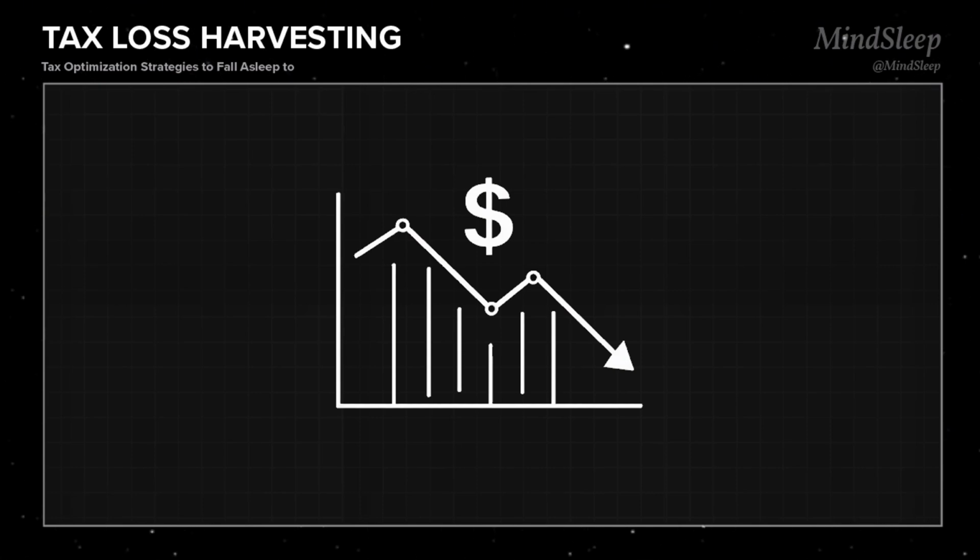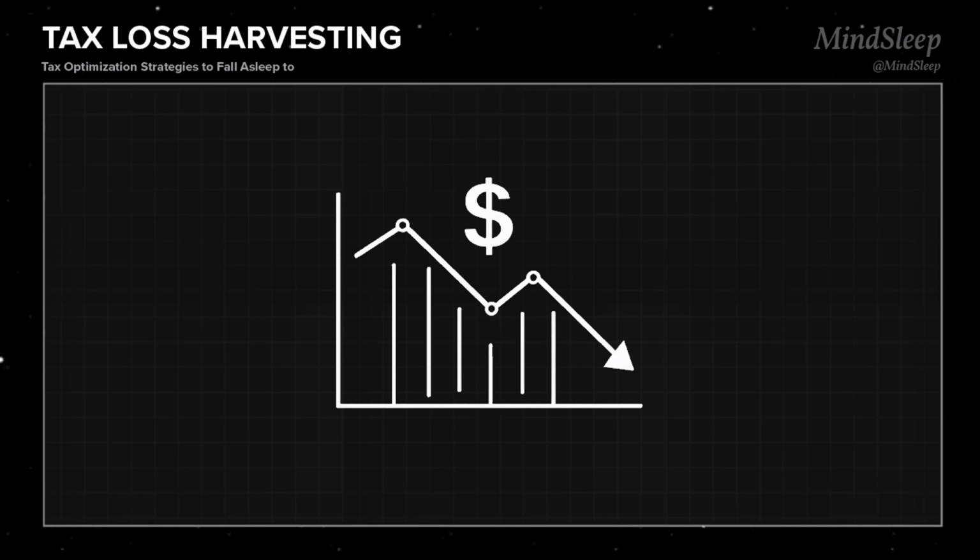To truly understand tax loss harvesting, let's begin with a simple analogy. Imagine you're tending a garden of financial assets. Some plants flourish, representing your gains, while others wither, embodying your losses.